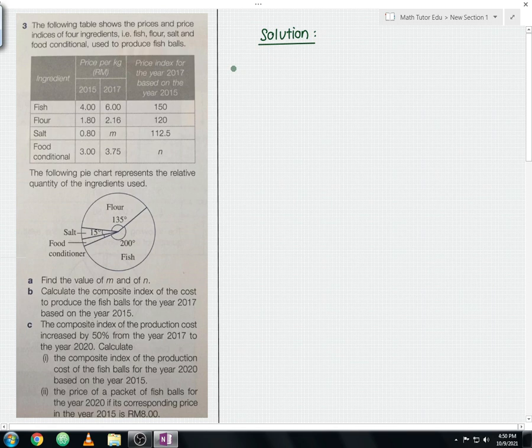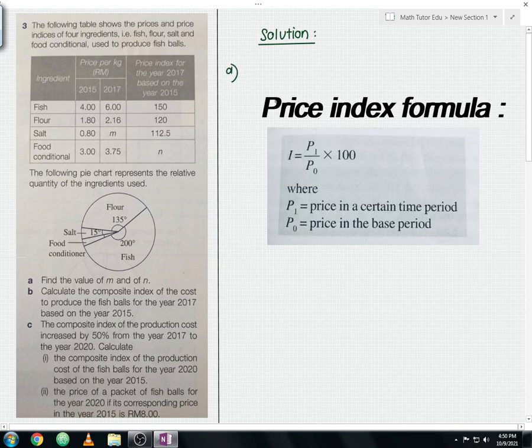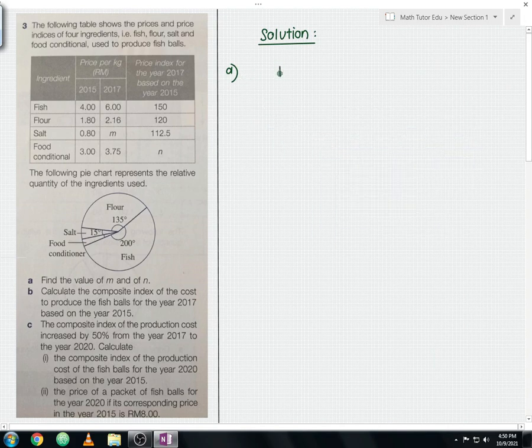For part A, we are required to find the value of M and of N. We can find it using the price index formula. So let me write the price index formula over here. Given that price in the year 2017, you divide with price in the year 2015 and you times with 100.